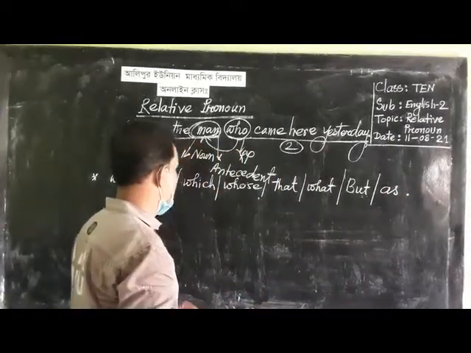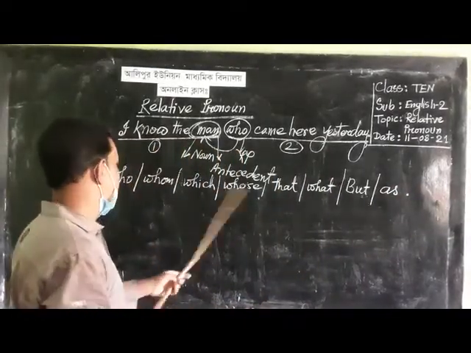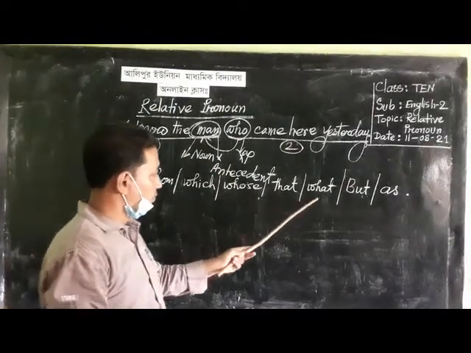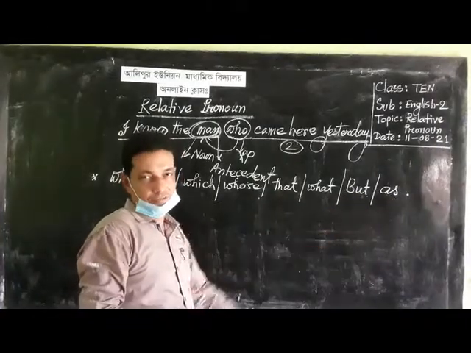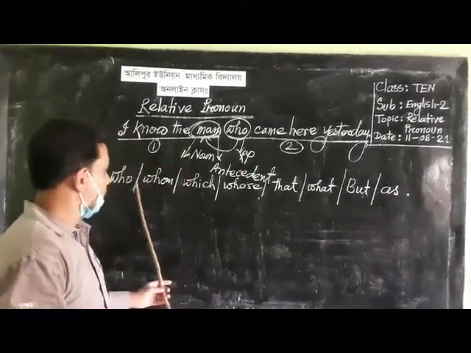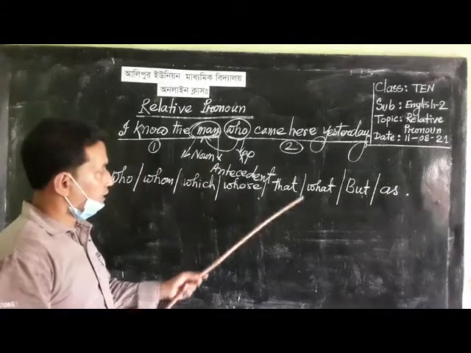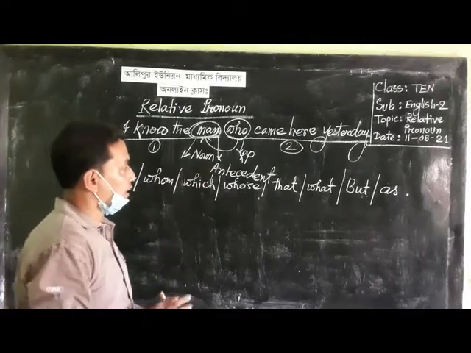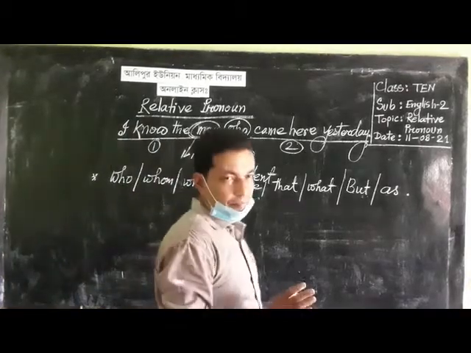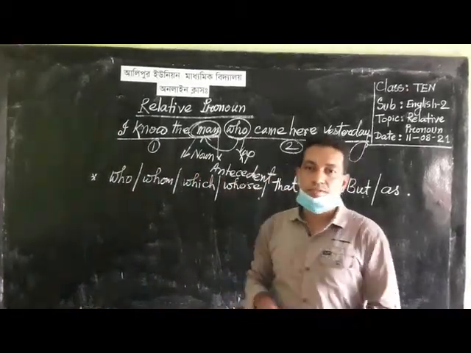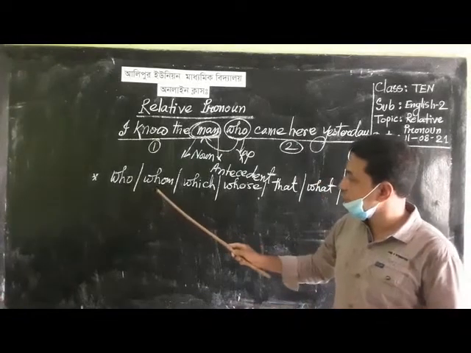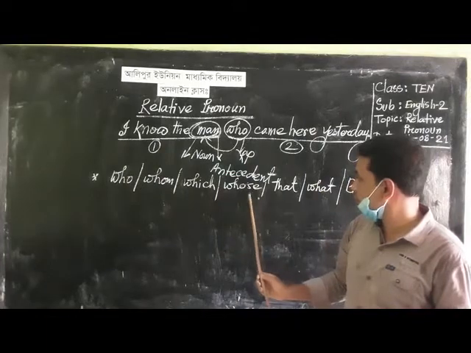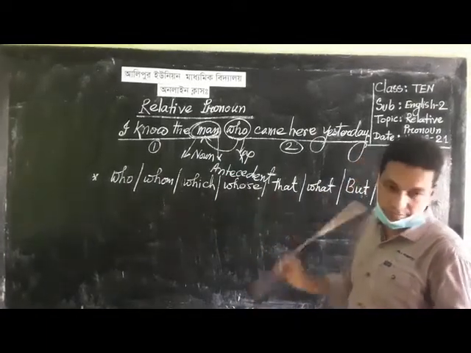These types of words are used as relative pronoun, and today I will show you every use of the words who, whom, which, whose, that, what, else.